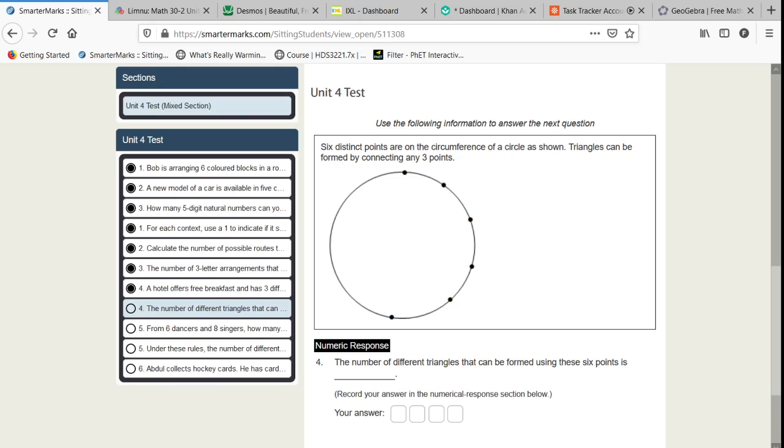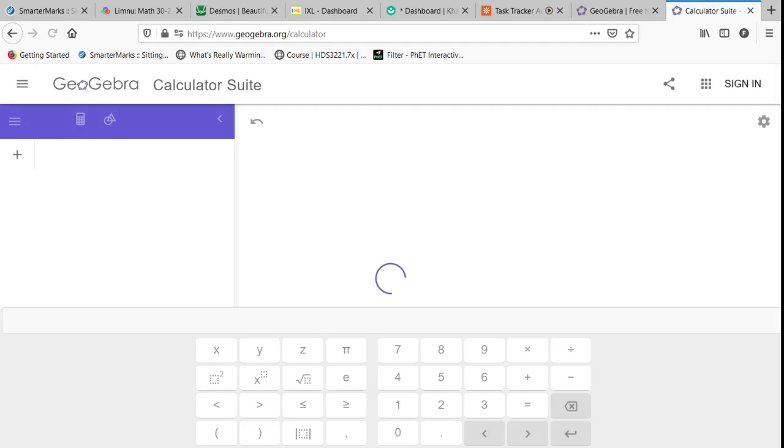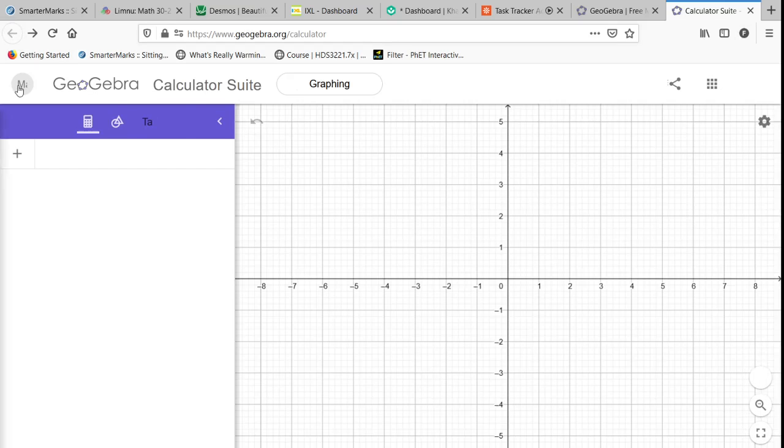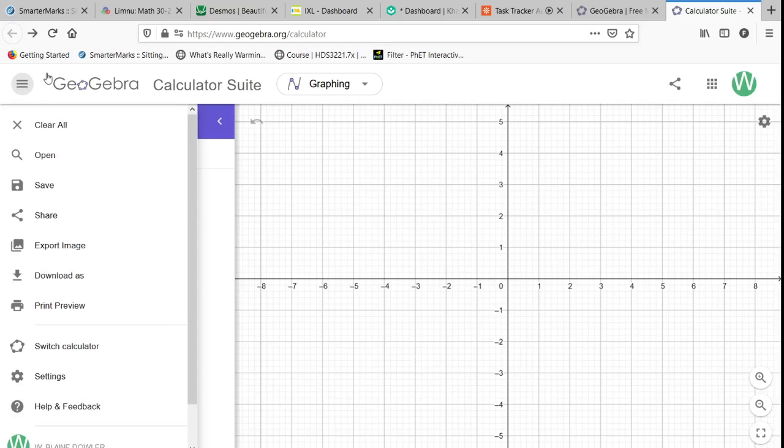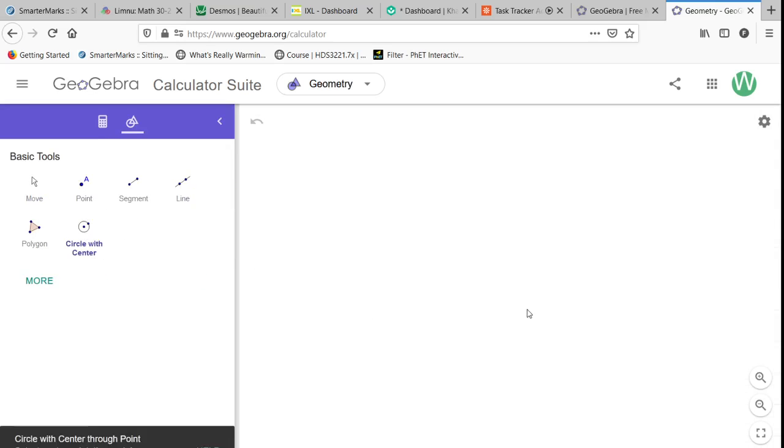Okay. So this one: 6 distinct points are on the circumference of a circle as shown. Triangles can be formed by connecting any 3 points. The number of different triangles that can be formed using these 6 points is. So let's actually do this with GeoGebra.